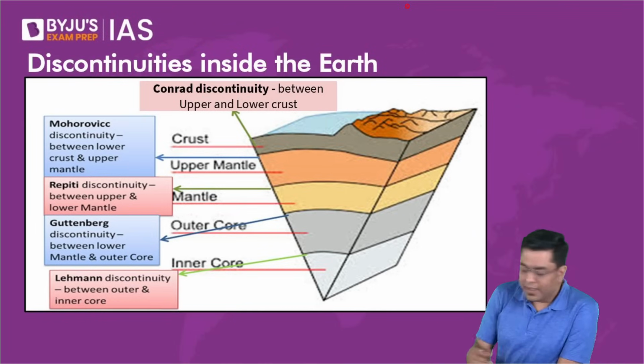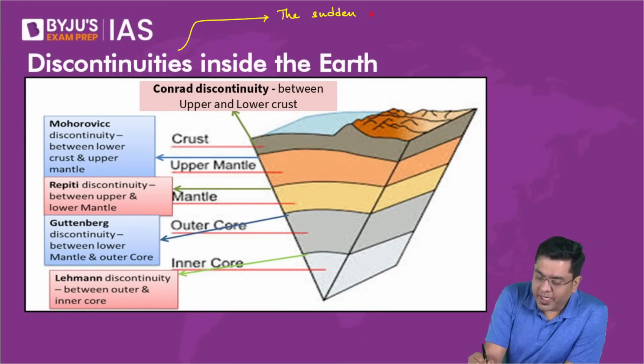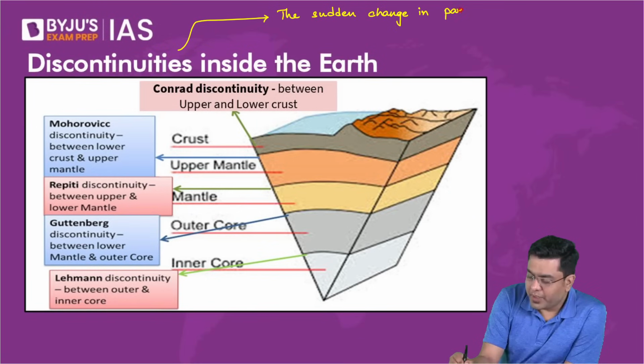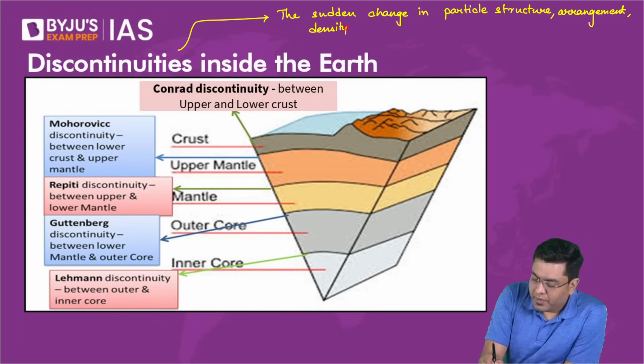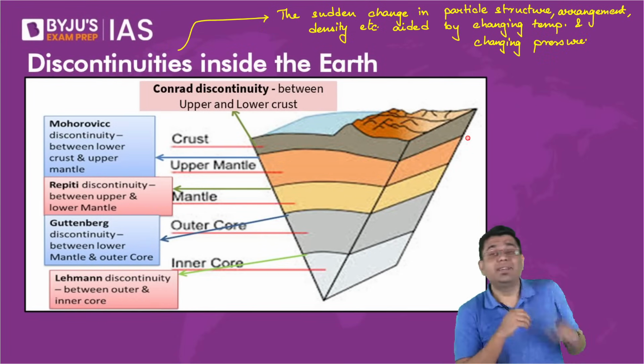So, when we say discontinuity, here the sudden change in particle structure, arrangement, density, etc., aided by changing temperature and changing pressure, that is what is known as a discontinuity.